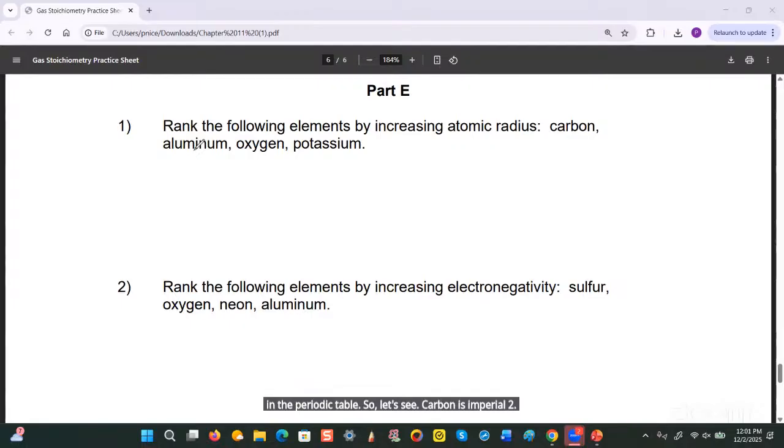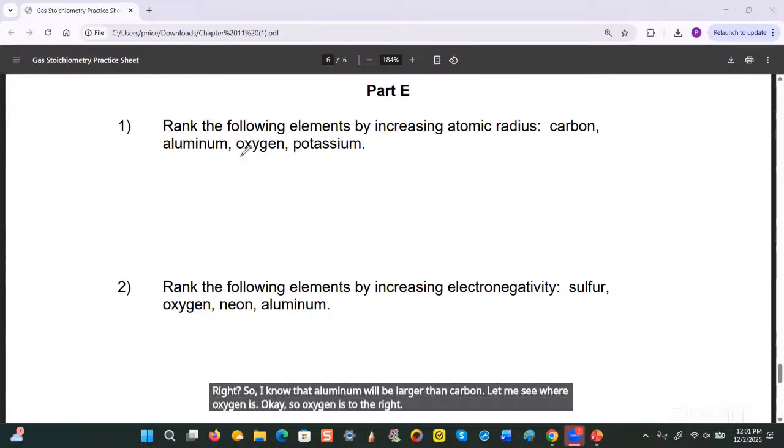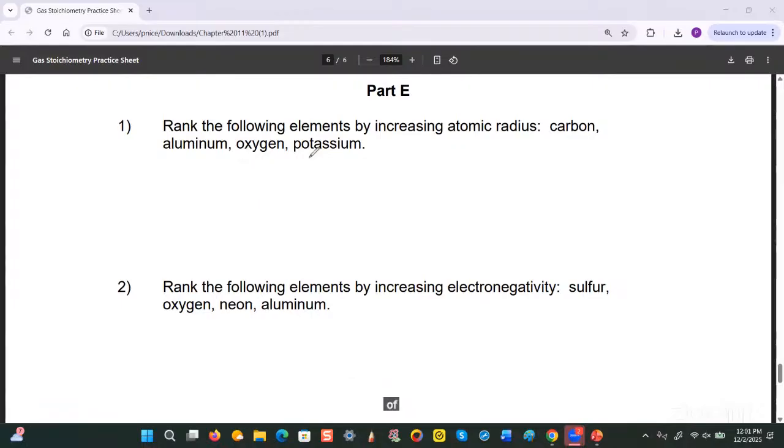Aluminum is in period 2 as well. No, actually period 3. Right? So I know that aluminum will be larger than carbon. Let me see where oxygen is. Okay, so oxygen is to the right of carbon, and then potassium is, okay, so potassium is in period 4.